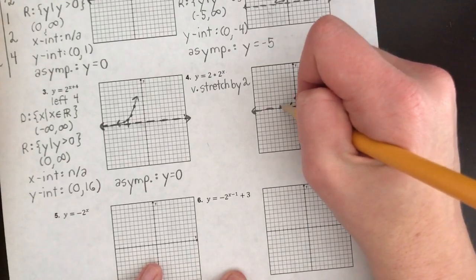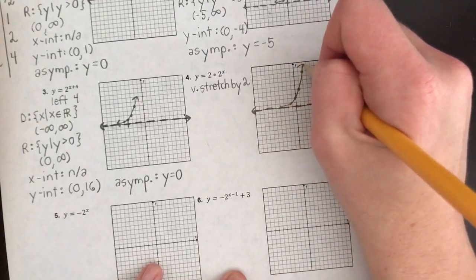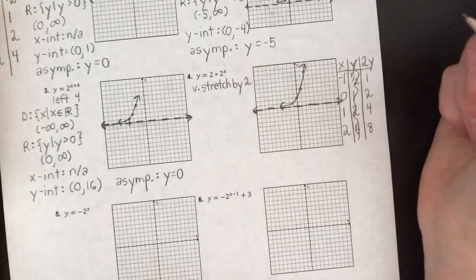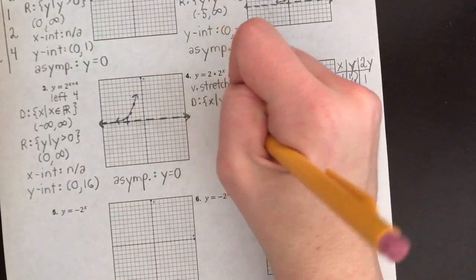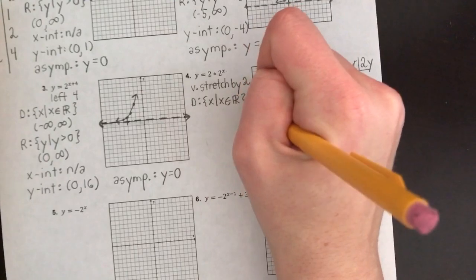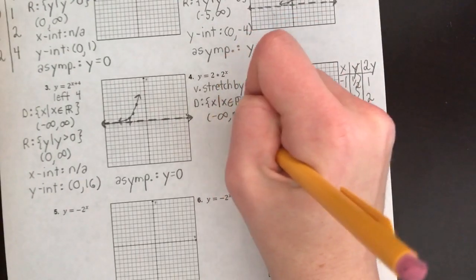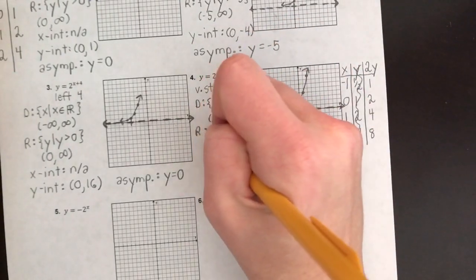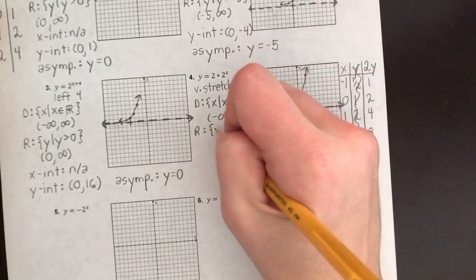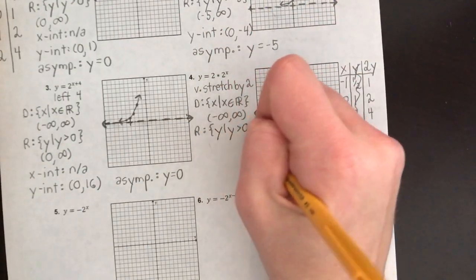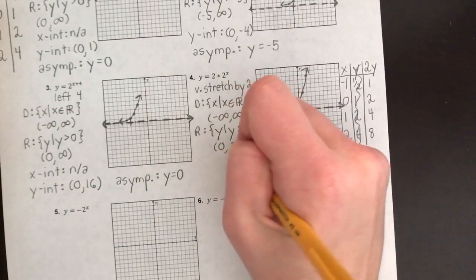Okay, so just growing at a faster rate. Okay, but arrows on both ends need to see. All right, so domain, x such that x is an element of the reals. Okay, my asymptote didn't change. Isn't that interesting? The stretch doesn't change the asymptote, so the range stays the same as the parent function.